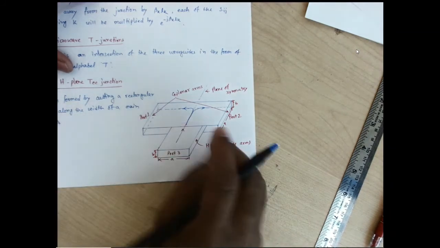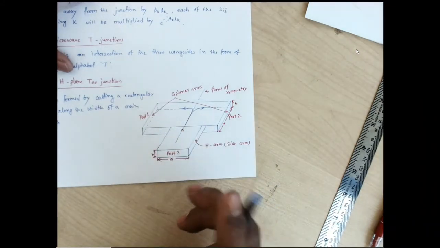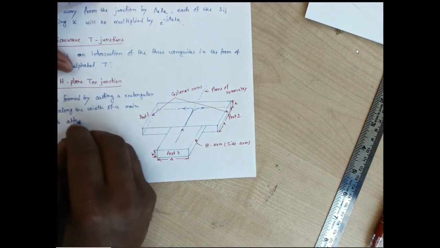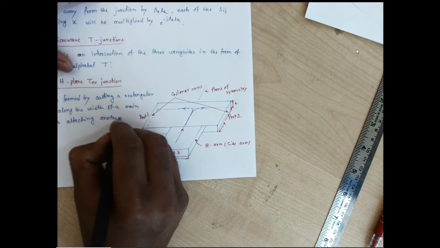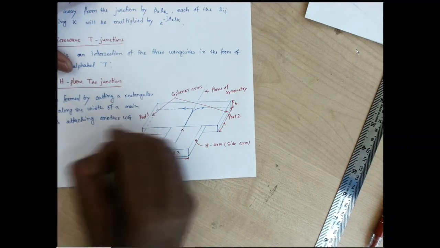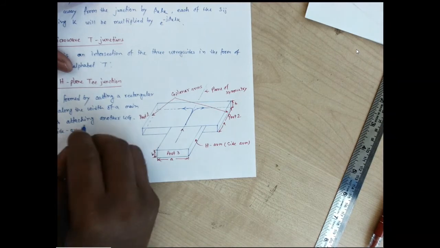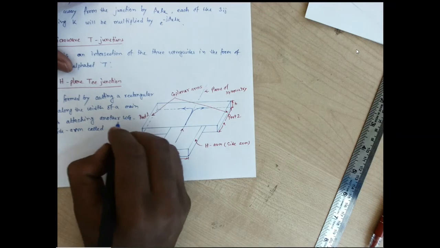and we have cut a slot along this main waveguide and attached another waveguide, that is the side arm called H arm.